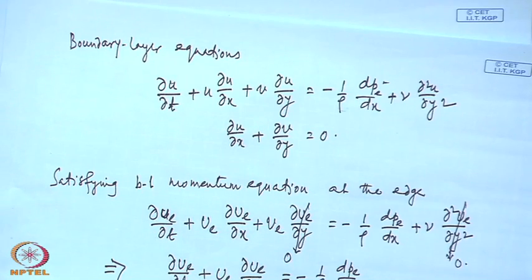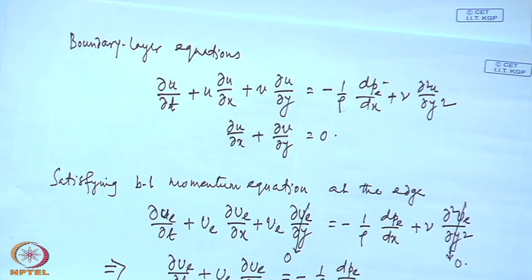Even the solution in the integral form also will differ. We will assume that somehow if the solution is known, then how to find the other parameters. The solution, as you can see from the differential form, will be how u or v vary within the boundary layer.